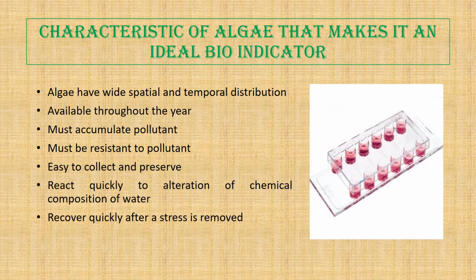Also, algae, due to the short life cycle, easily determine a sudden change in chemical parameters, and also when the chemical stressful parameters are removed, these algal populations also very quickly recover from the stress.